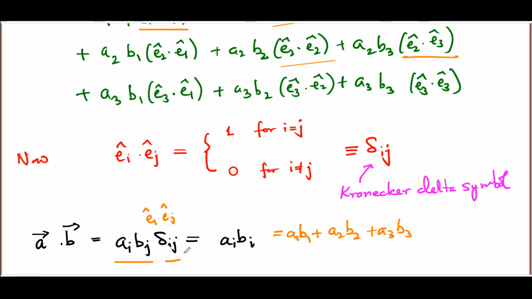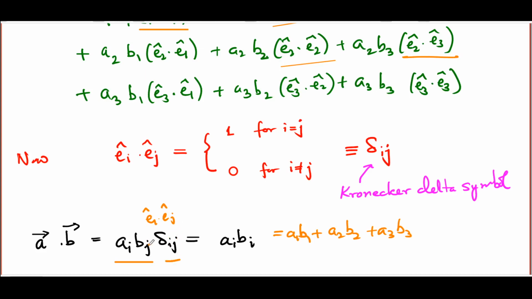Let's say I sum up over j first. Now when I sum up over j, the presence of a Kronecker delta symbol in the sum involving j as an index does the following. It simply picks out those terms in the sum where the two indices are equal, that is, where j is the same as i. Remember, i is fixed when you are summing up over j.